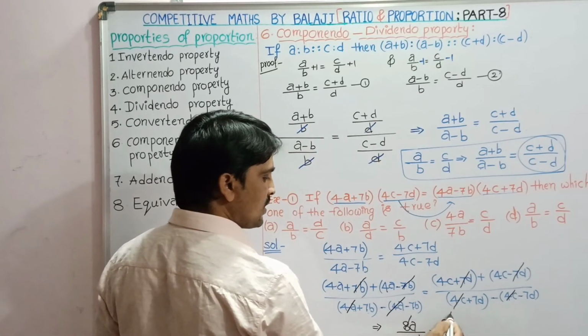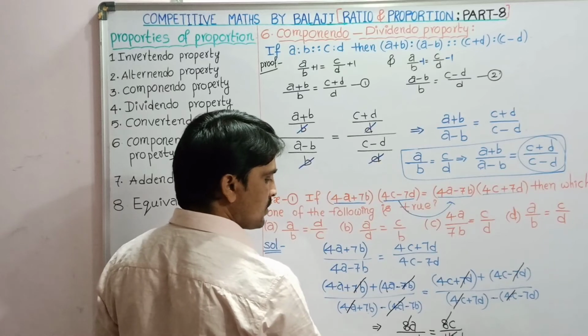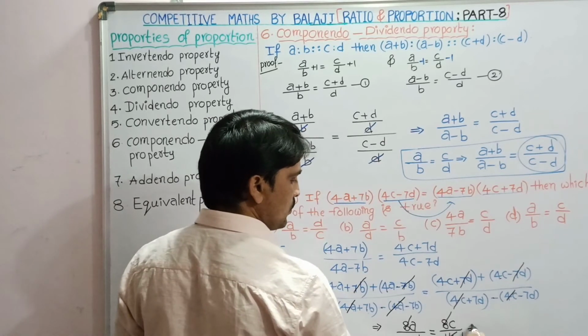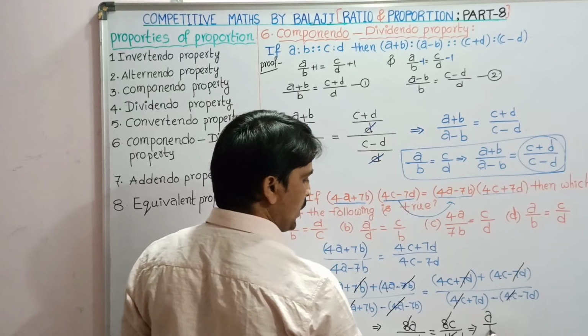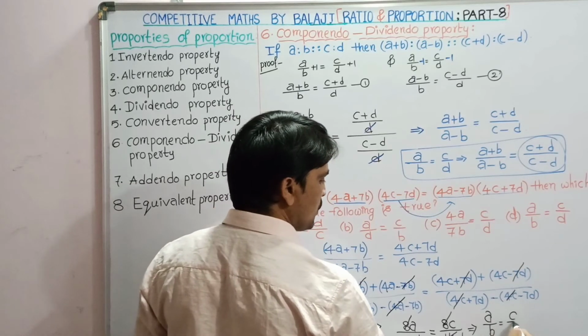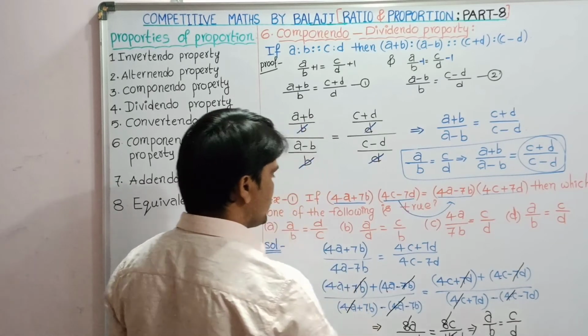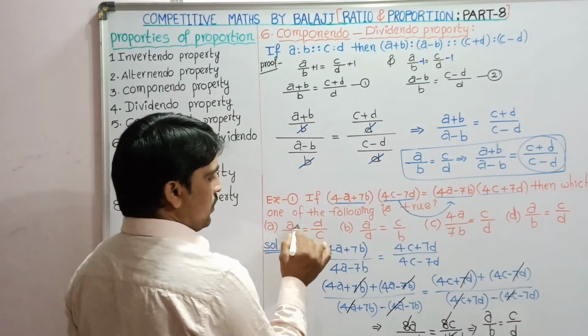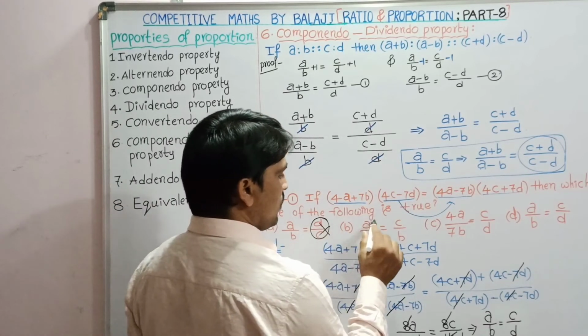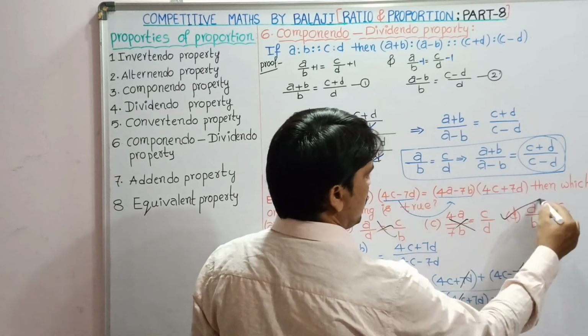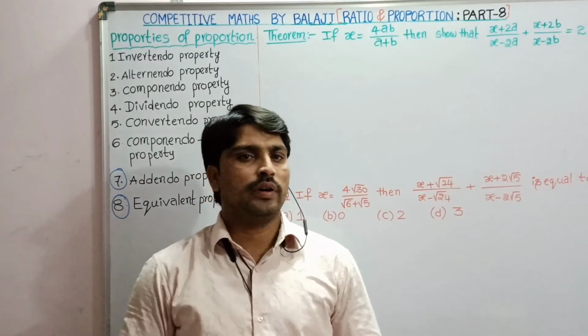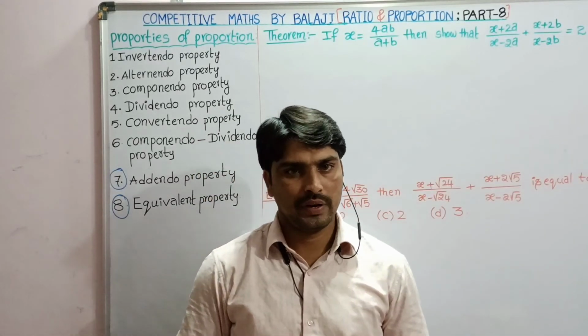So equal numerators on both sides, equal denominators on both sides get cancelled. So we have a by b equal to what? c by d. This is our answer. So the answer is d by c. Answer is D.